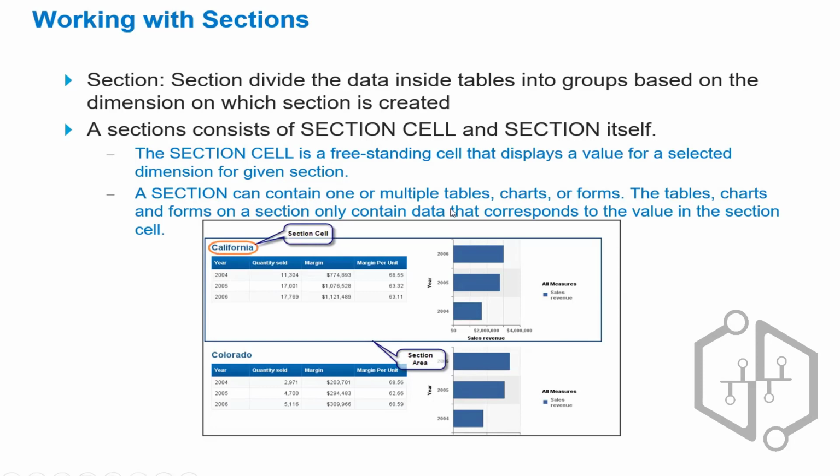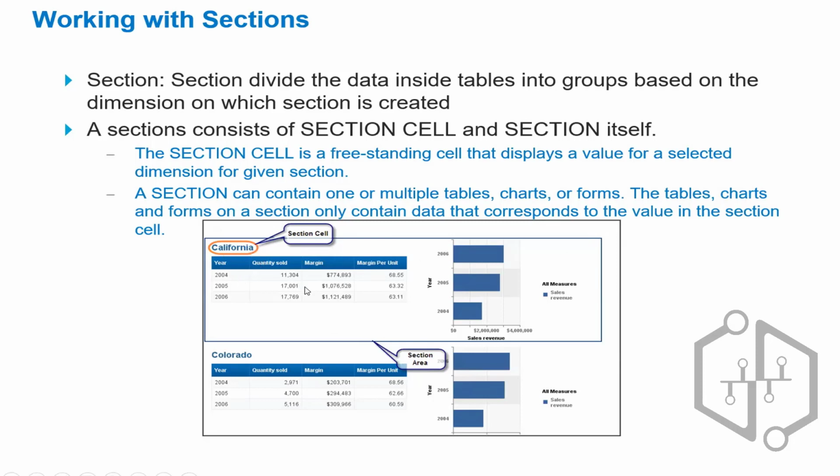A section can contain one or multiple tables. Here in this section, the section cell is California, and the total rectangle is the section area. In this section area we have two blocks, one is a table and the other is a chart. So a section can contain one or multiple tables, charts, or forms. The tables, charts, and forms in a section only contain data that corresponds to the value in the section cell.